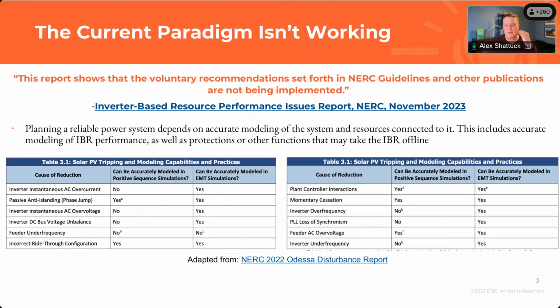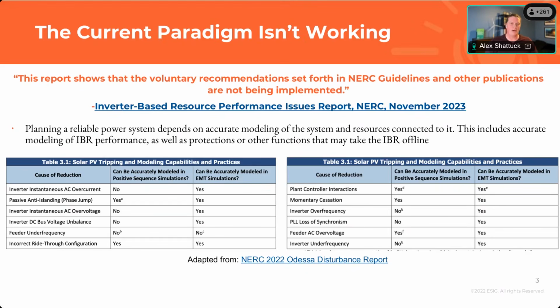And you can see on the left-hand column there's a lot of no's in the positive sequence phasor domain column for these causes of reduction that NERC has observed, which means that the current paradigm of doing basically only positive sequence phasor domain, and I'm saying basically only from a regulatory standpoint, you're not going to capture about half or more than half of those things that NERC has called out as real-world issues and causes of reduction.